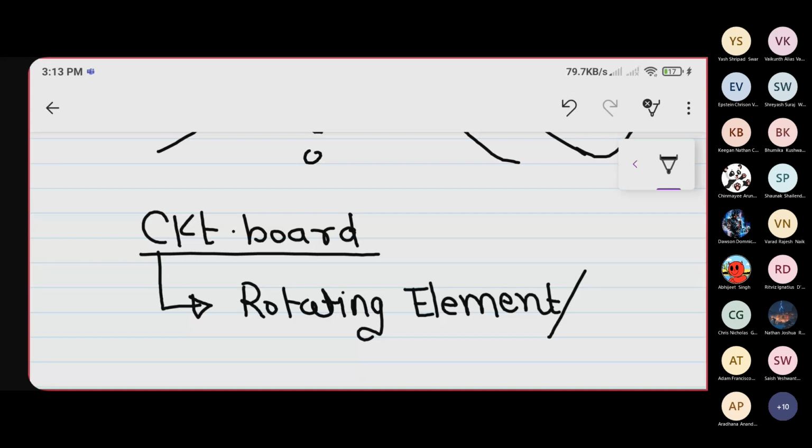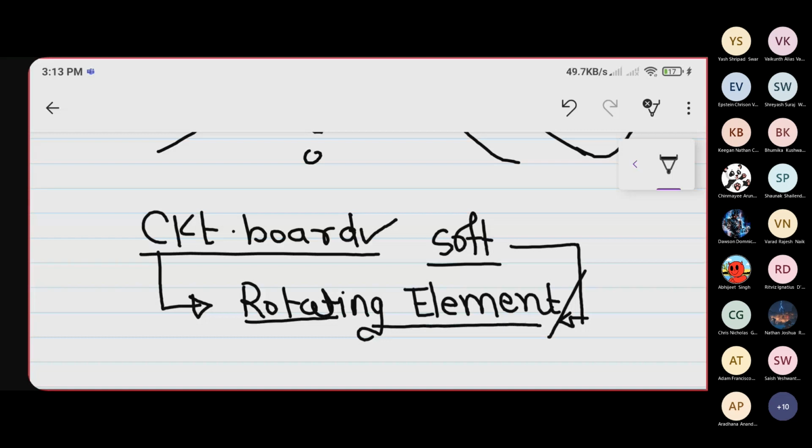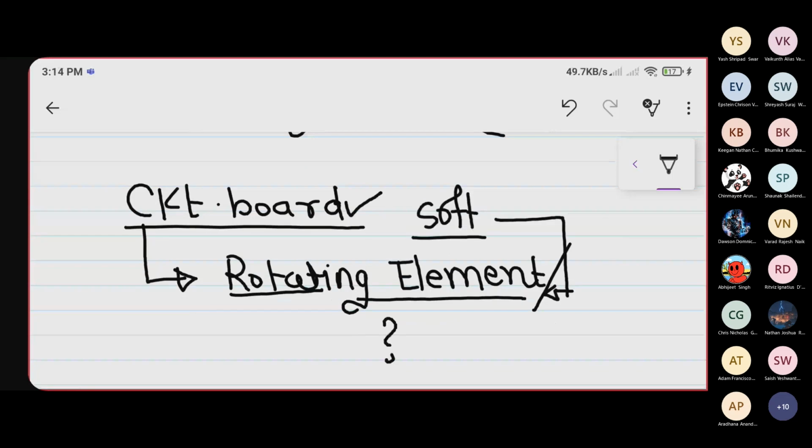Now you know how to use a circuit board as an electronics engineer. You know how to use software as a computer engineer. But once you attach that element during manufacturing, you don't know when it will get eroded or disqualify for proper operation.